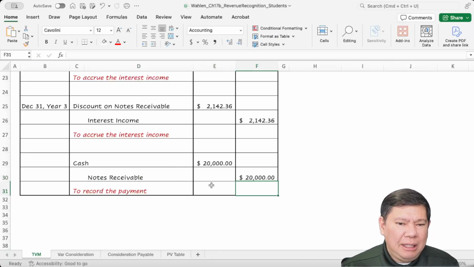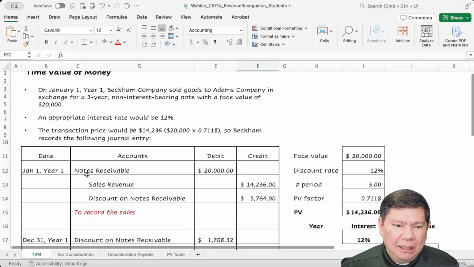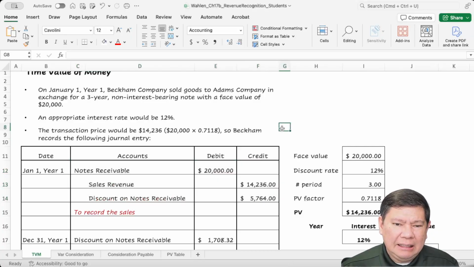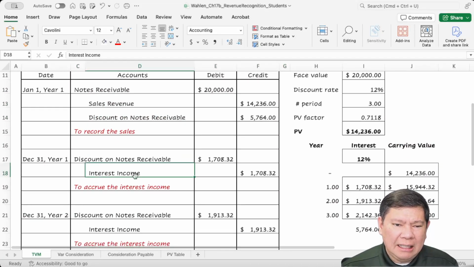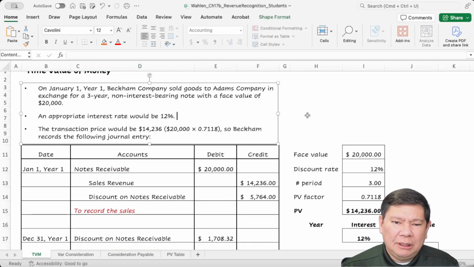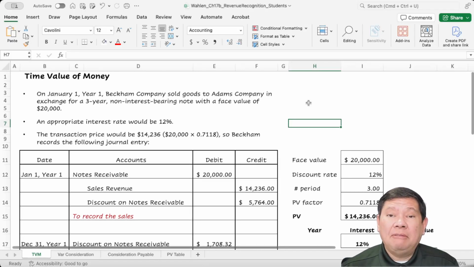Okay, so that's how we prepare the journal entries to record the sales revenue, to recognize the sales revenues, to recognize the interest income for 3 years when we sold this product or services, and we accept the non-interest bearing notes. So we have to take into consideration the time value of money.